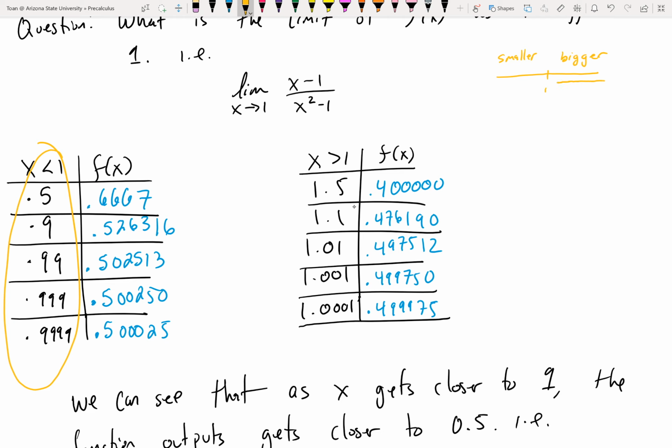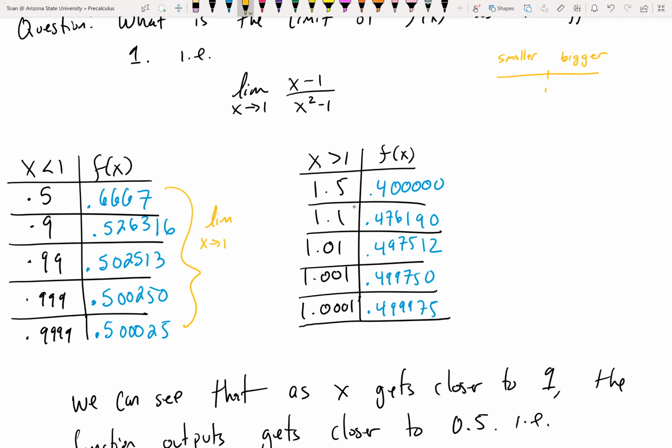Likewise, we were approaching from the right when we were looking at x values bigger than 1, but getting closer and closer. The notation for these, because we did it separately, is we use a superscript plus or superscript minus to represent right or left. So in this particular case, I would write the limit as x approaches 1 for this particular table.